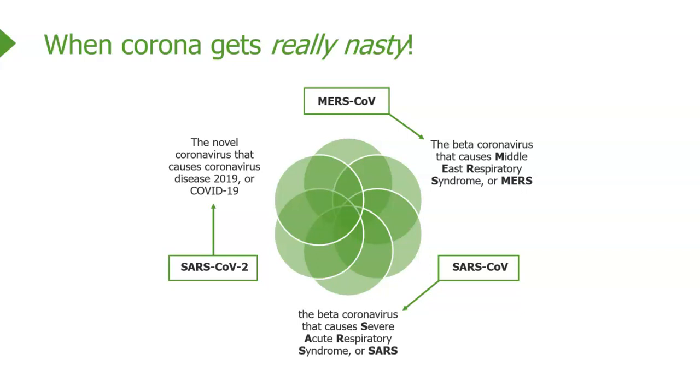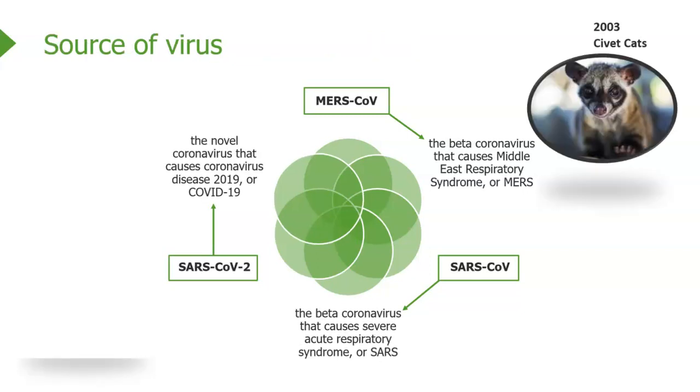Now, I'm sure you've heard the talk about where these came from and who are the reservoirs. These viruses can often be reservoired in animals. So for example, the MERS-CoV one came from civet cats in 2003. So these little fellers, these were the guys that were the reservoir for the MERS-CoV outbreak in 2003. SARS-CoV had a different reservoir.